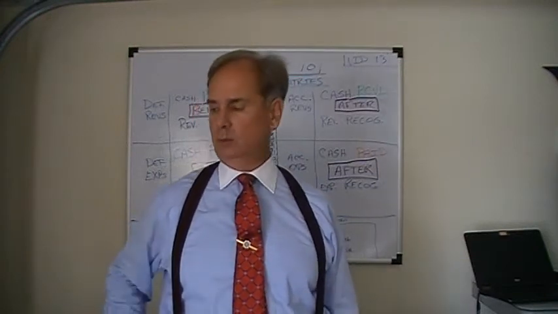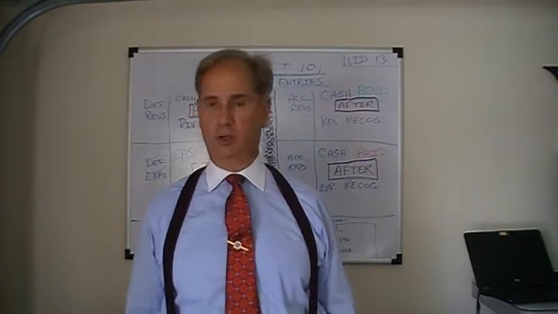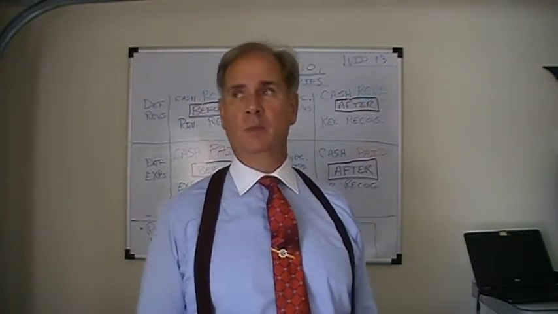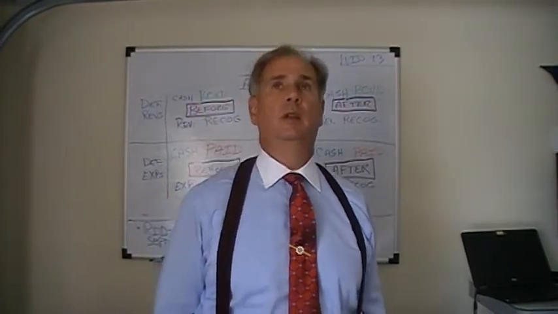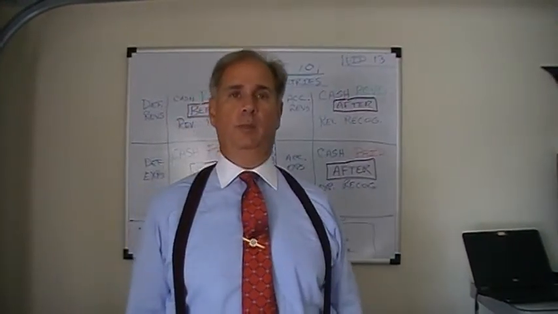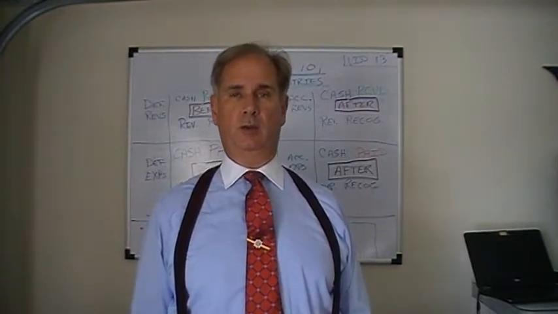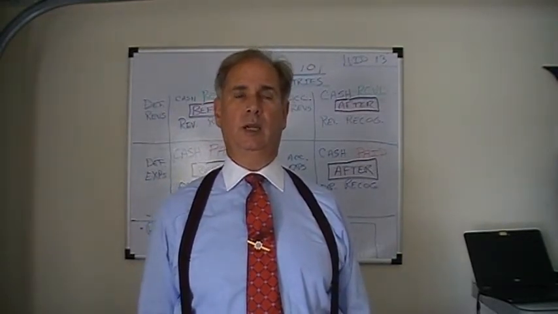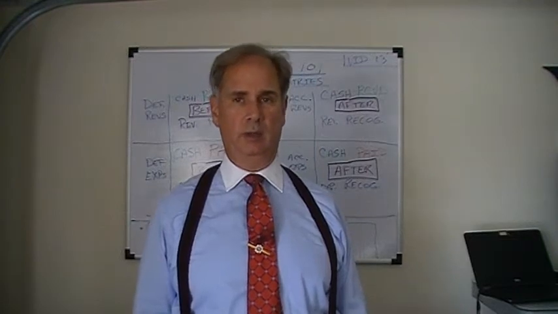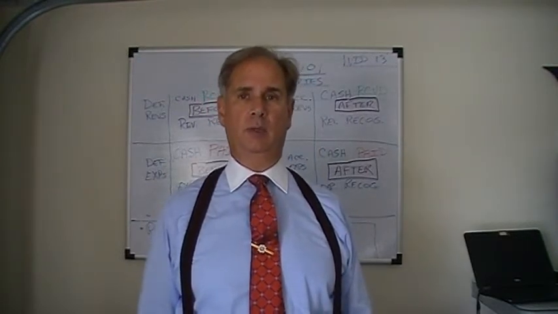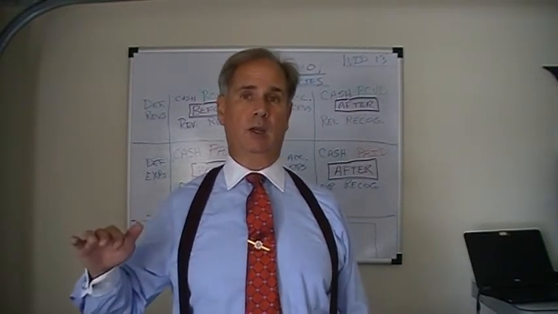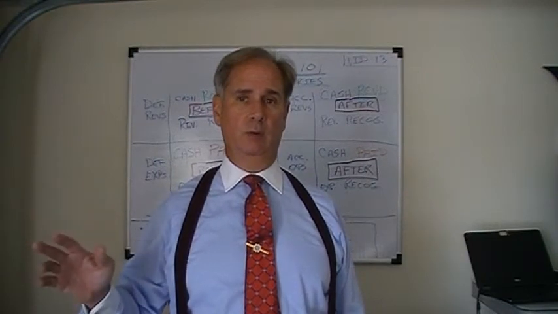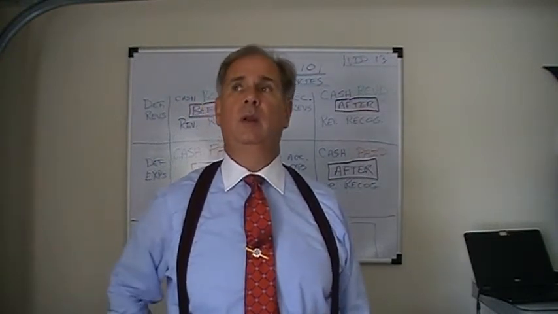Okay, so now let's talk about adjusting entries. Now, as I mentioned in the preceding video, the purpose of an adjusting entry is to bring an asset or a liability account to its proper and correct balance, while at the same time recognizing a revenue or an expense.